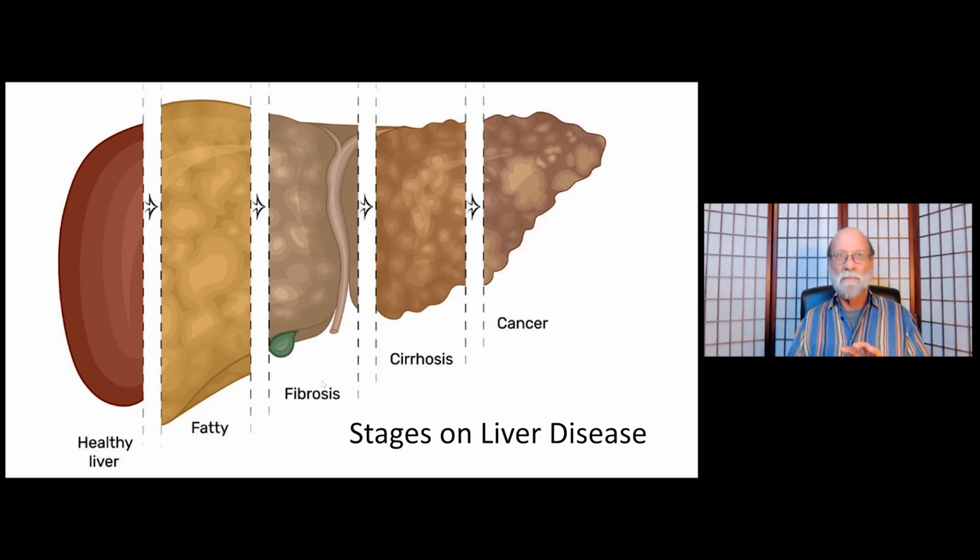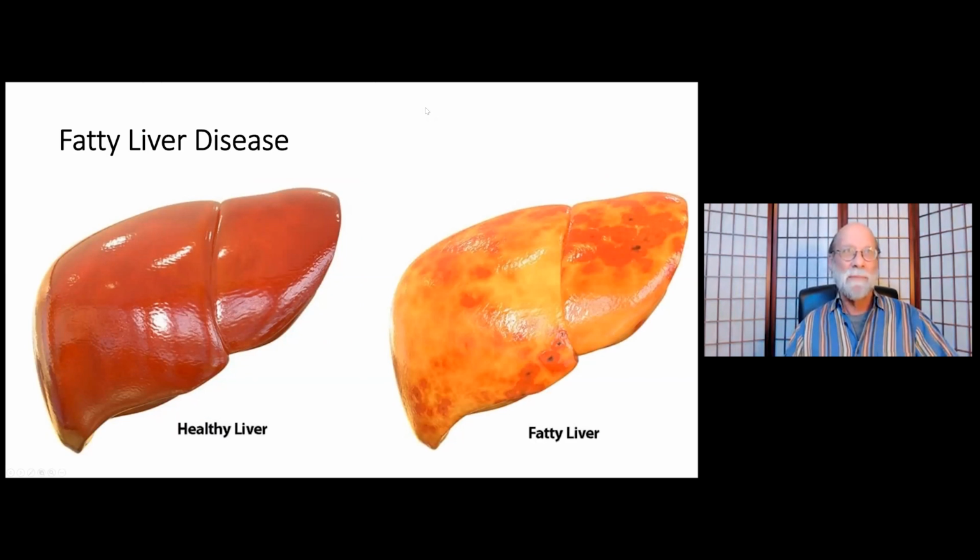And one of the important messages I'm going to try to get across is whether it's from alcohol or from metabolic problems, fatty liver disease is itself a problem, and a problem because it can progress to these more serious forms of liver problems.